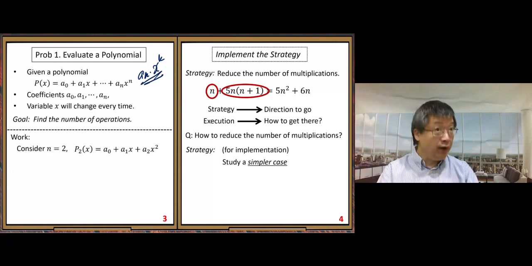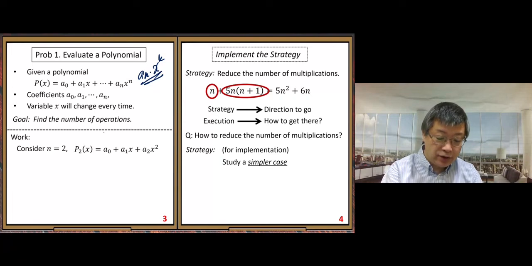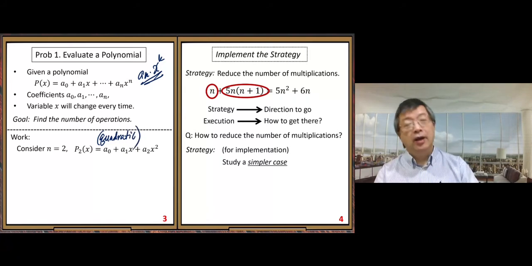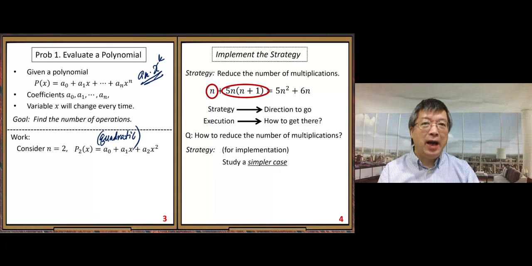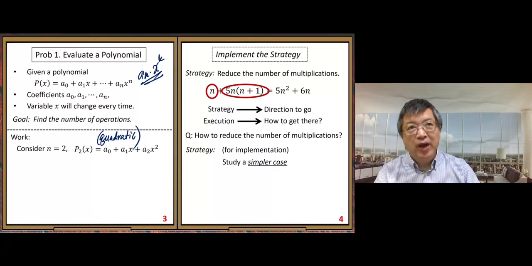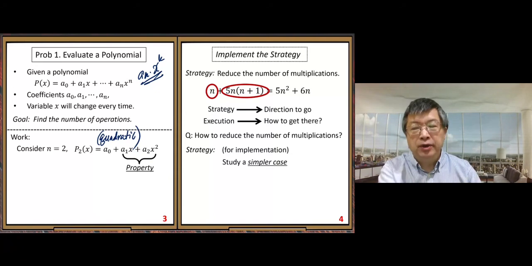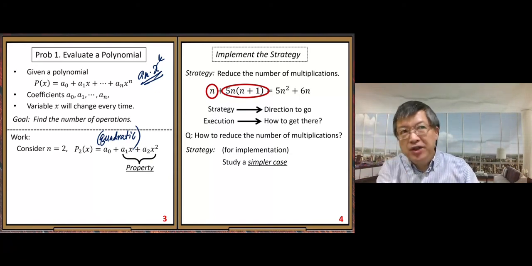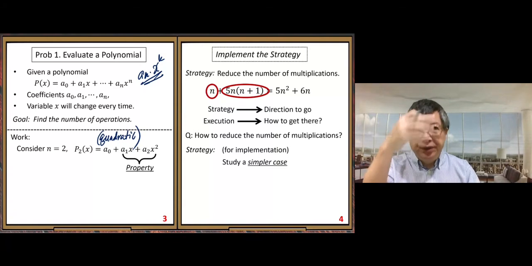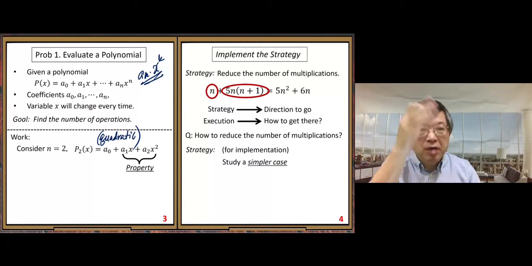So we call it a quadratic polynomial, right? When we work on this one, the first thing we like to do is try to find some important property. Then we can take advantage of this property to try to have some improvement.